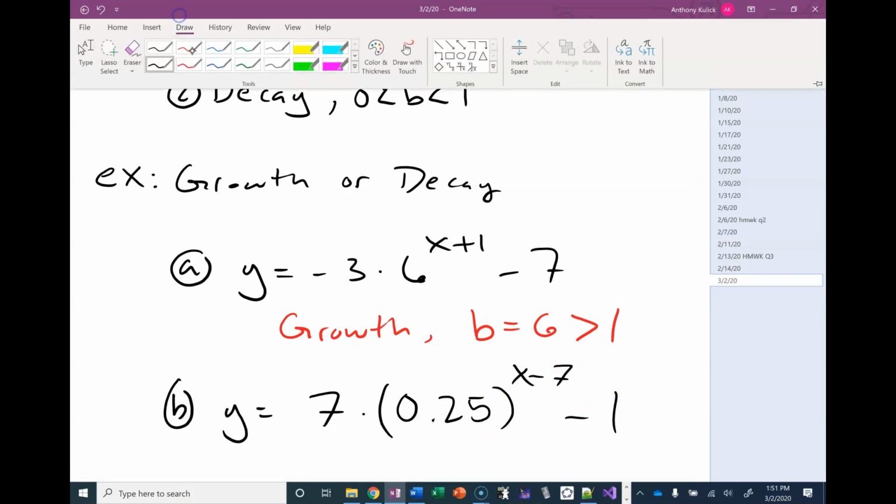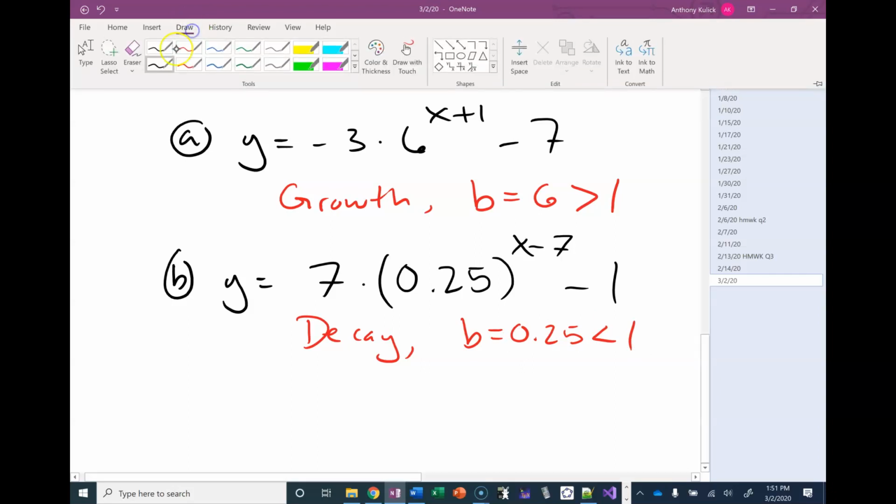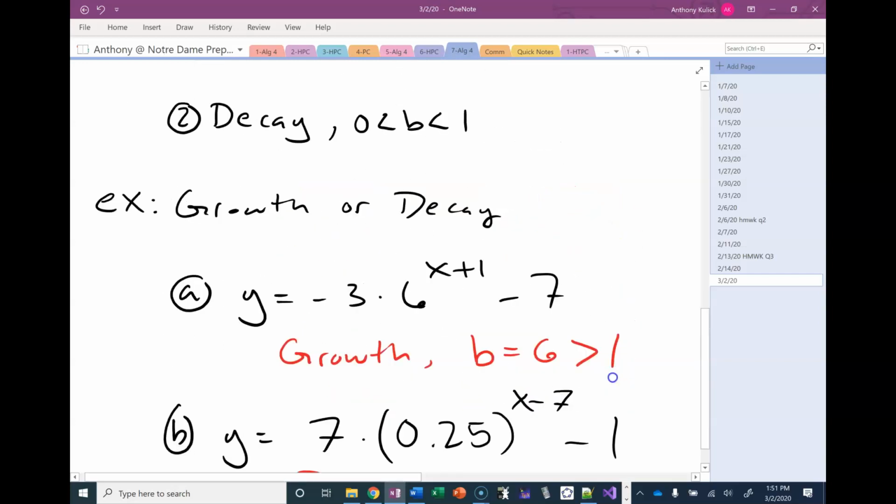How about this one? Growth or decay? Decay, good. Why? Yeah, the b is 0.25, which is less than 1. Do we feel okay about picking out whether something is growth or decay? It's pretty easy, right? All we have to do is identify the b value, and it should be easy to see that.